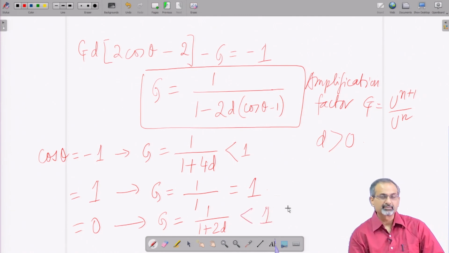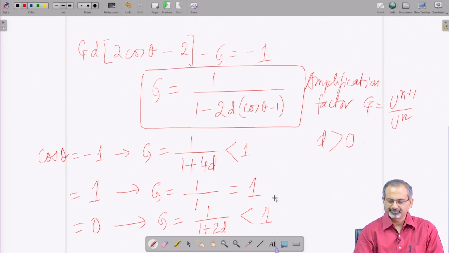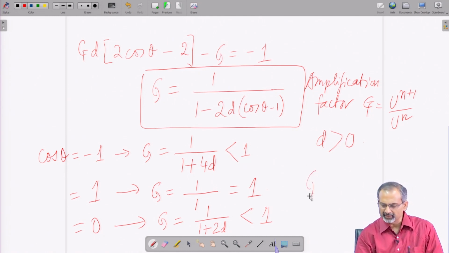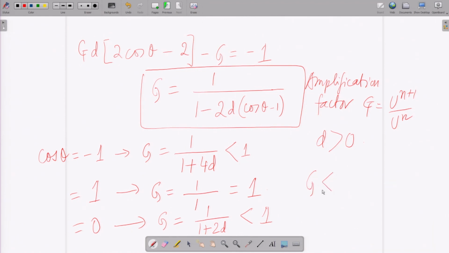Which means irrespective of the value of cos theta, we are able to maintain the condition that modulus of G is less than or equal to 1, and that essentially satisfies the condition of stability that we have discussed. Therefore, this gives you a so called unconditionally stable scheme.